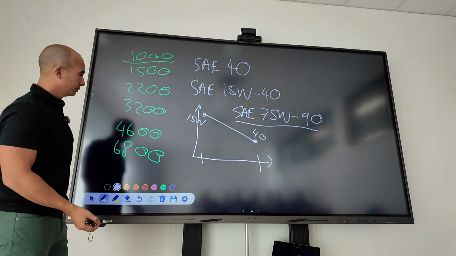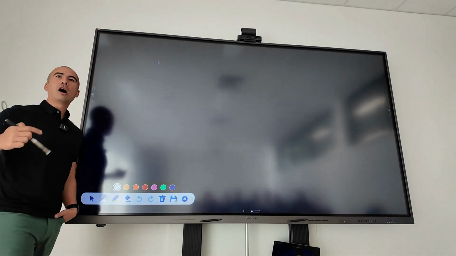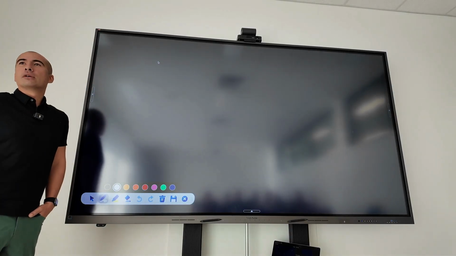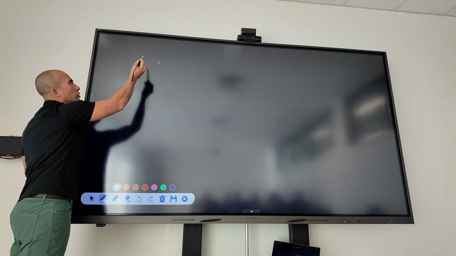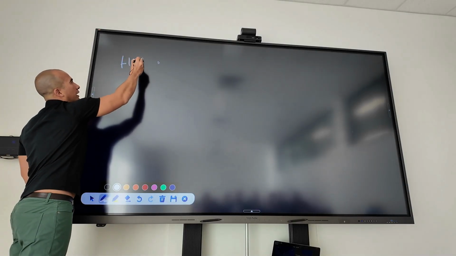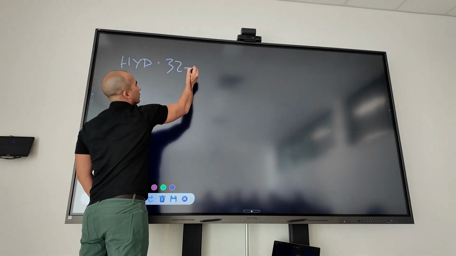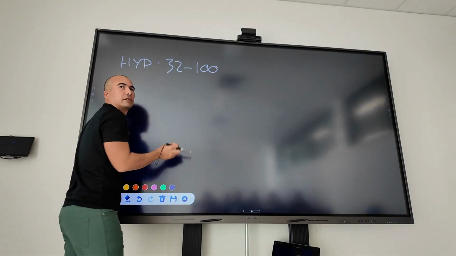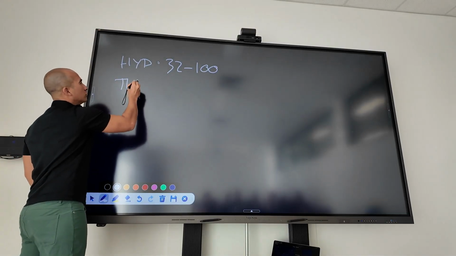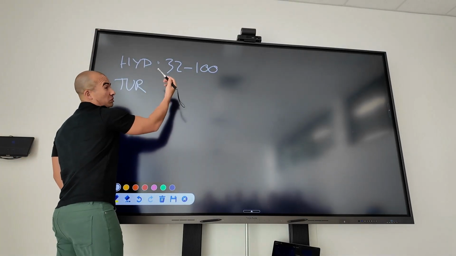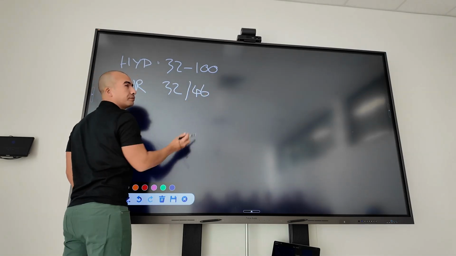All right, on the ISO viscosity grades, basically the higher the viscosity, the more load it can take, correct? So we usually would say, if I had a hydraulic oil, that's probably between, let's say, 32 and 100 centistokes, roughly. It's where most of them are. If I had a turbine oil, that would usually be a 32 or a 46.